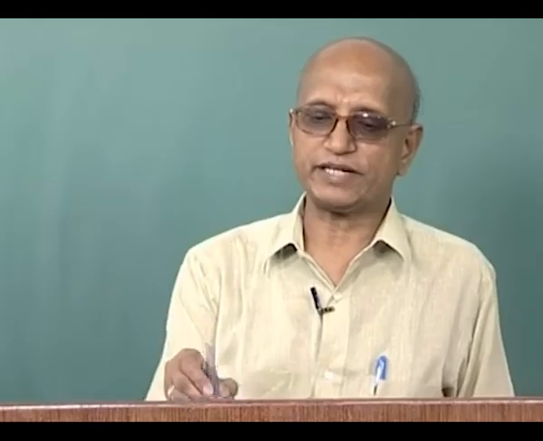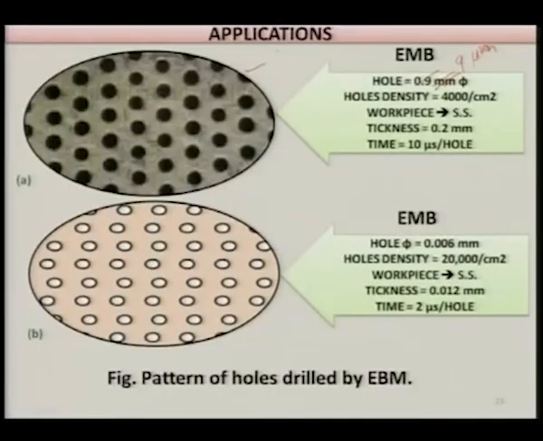The workpiece is made of stainless steel, and the thickness of the sheet in which these holes have been made is 0.2 millimeter, that is 200 micron, and the time taken per hole is just 10 microsecond per hole.